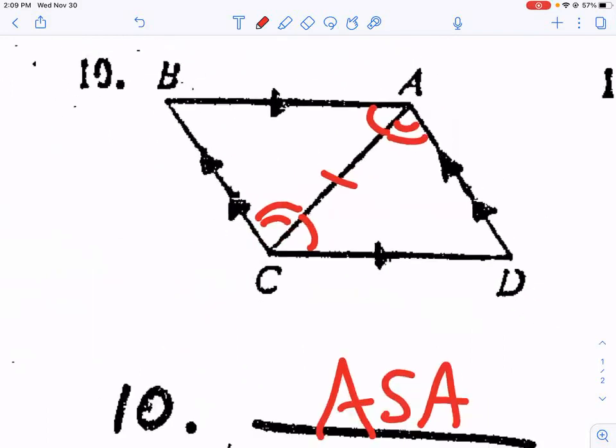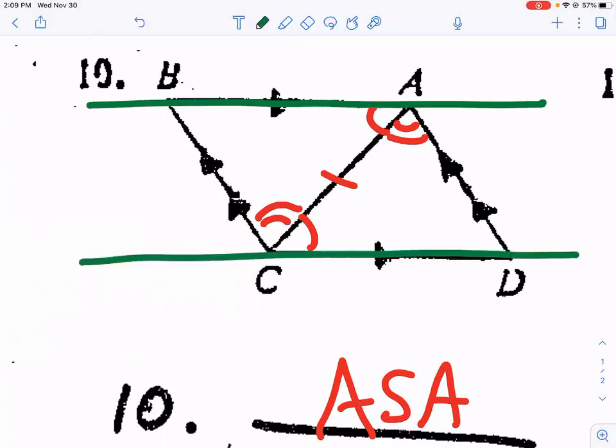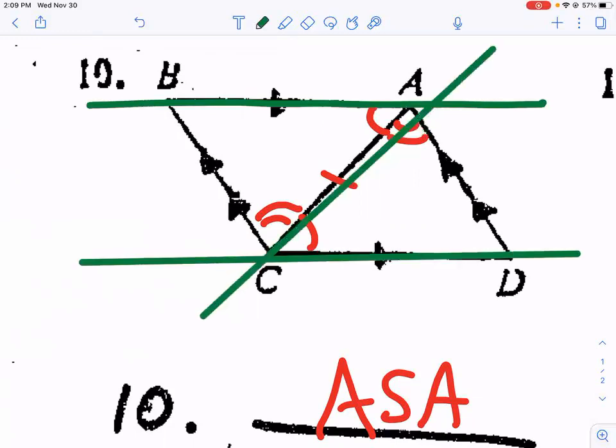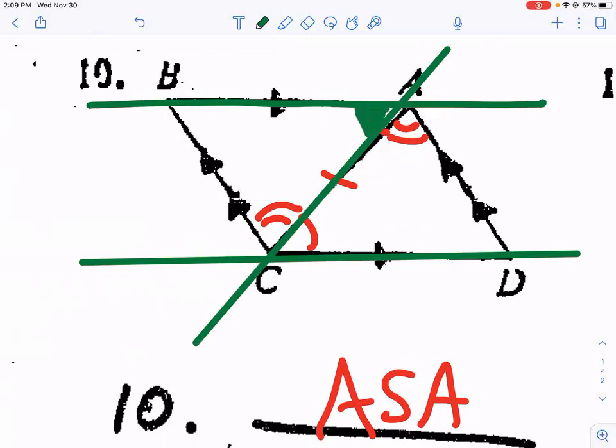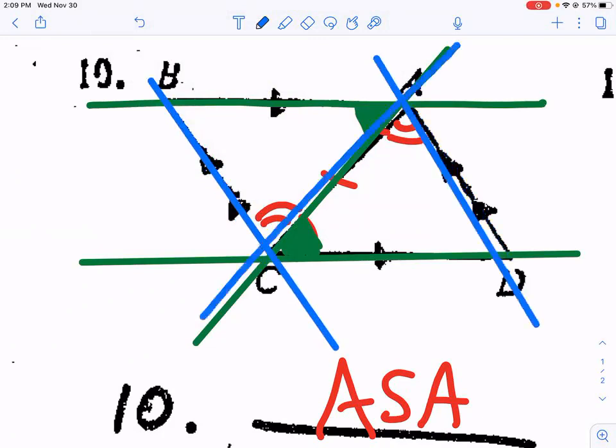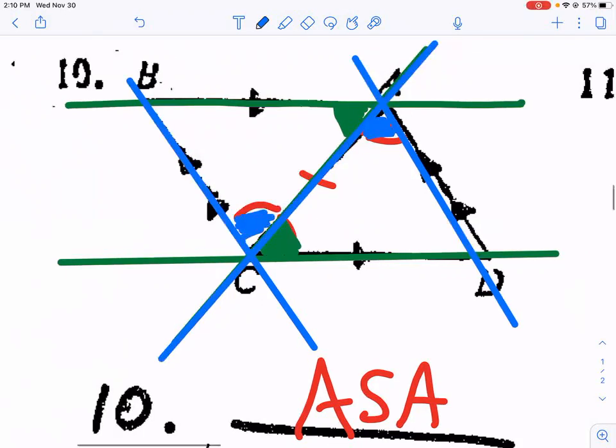Okay, so here's a parallel line. Here's a parallel line. And here's our transversal. Okay, so we have these alternate interior angles. Do you see them? Okay, and then I can do the same thing here. Parallel line, transversal. And then I can color these lines. You see them? Okay. That's a mess now.